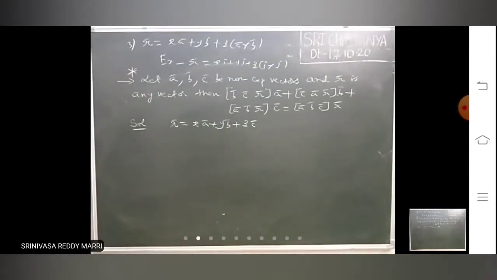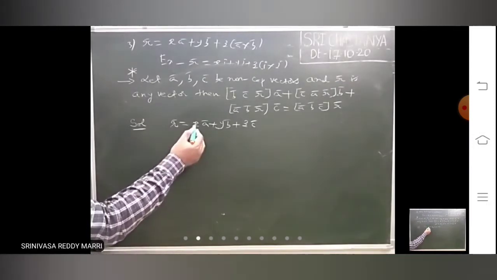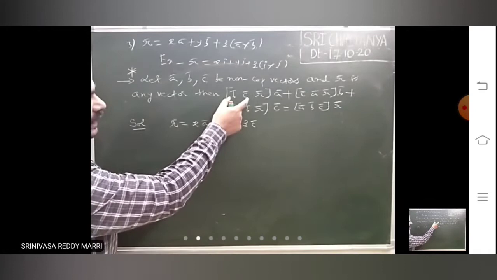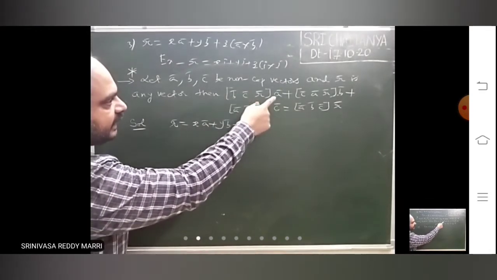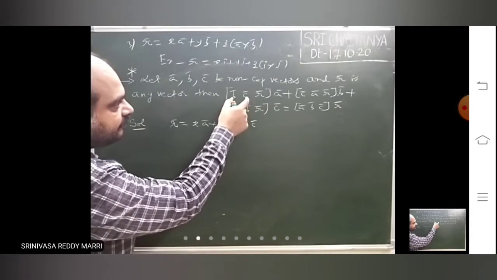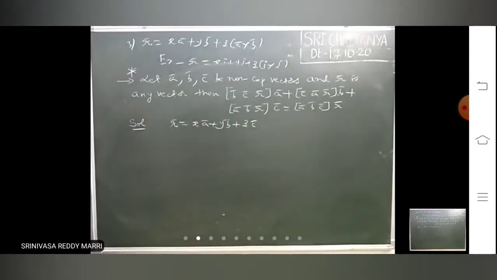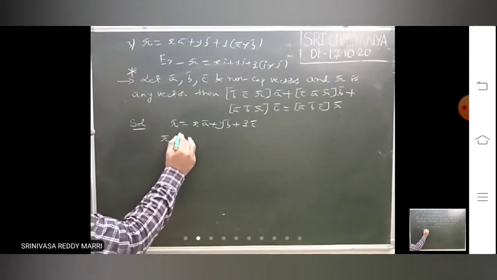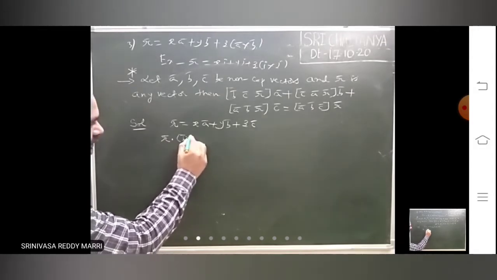So immediately for evaluating X, we will do dot product with, look at, this is the A bar coefficient, how is it? B cross C dot R bar. That means I am doing dot product with B cross C on both sides.